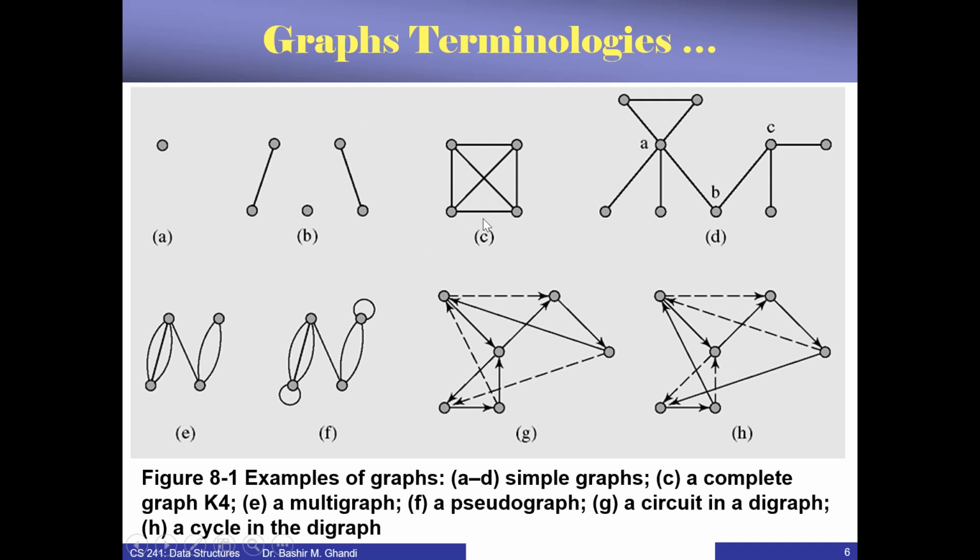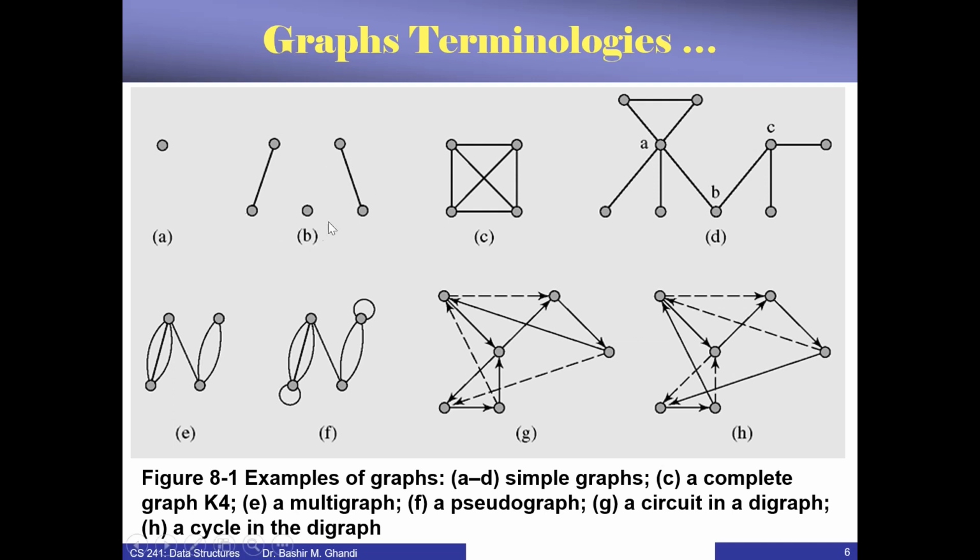When I showed a similar diagram when we were talking about trees, the first figure there was empty, showing that a tree can be empty. In the case of a graph, it cannot be empty. It must have at least a vertex. These are also graphs, although they look like lists or trees, but they are also considered to be graphs. That's why we said at the beginning, a graph is a generalization of trees, just like a tree is a generalization of linked lists and so on.